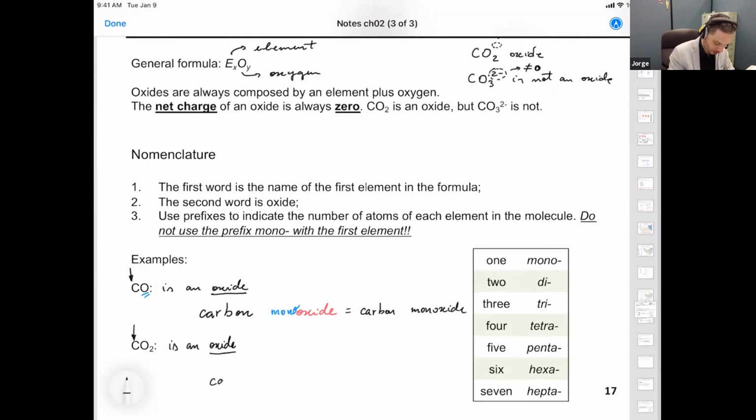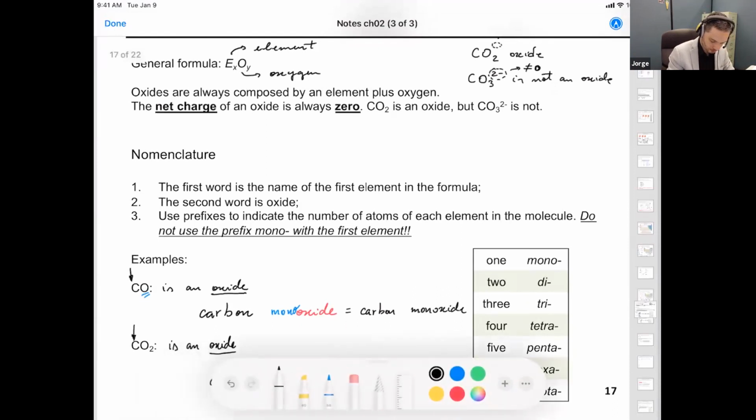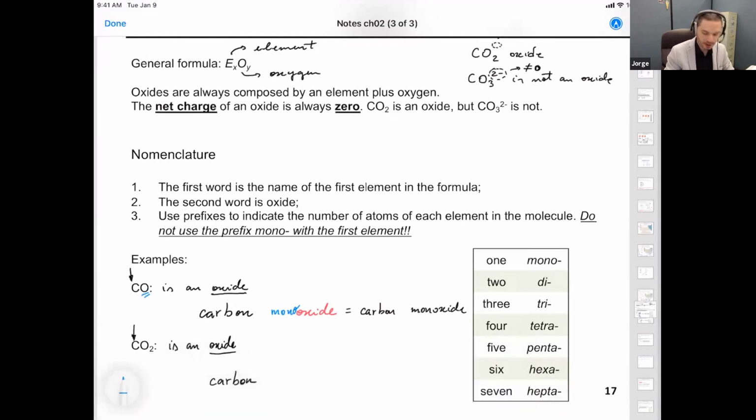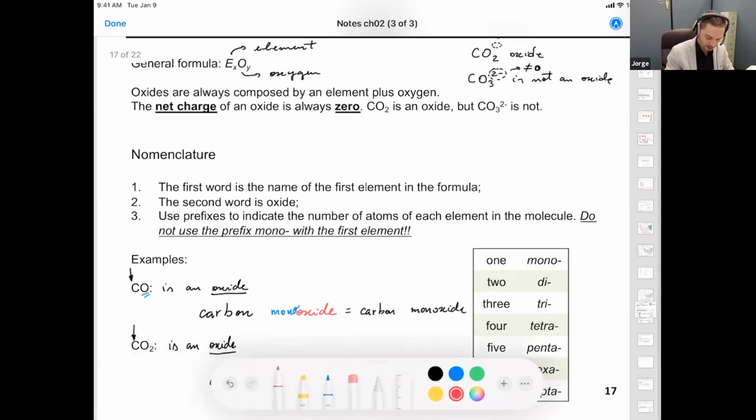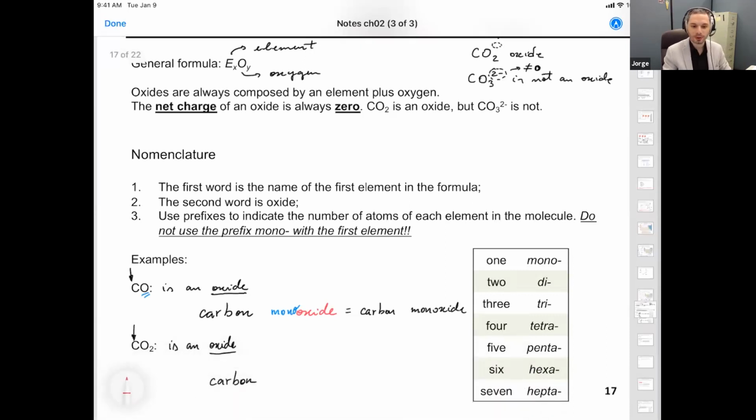Again, we have carbon. The second word is always going to be oxide. And now we are going to use the prefixes to indicate the amount of each element in the formula.